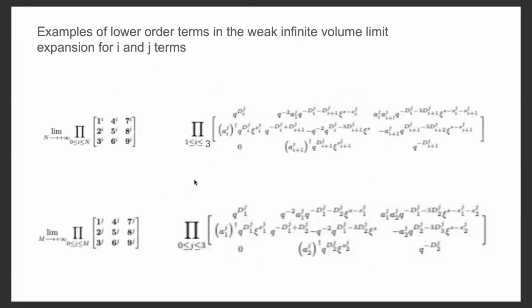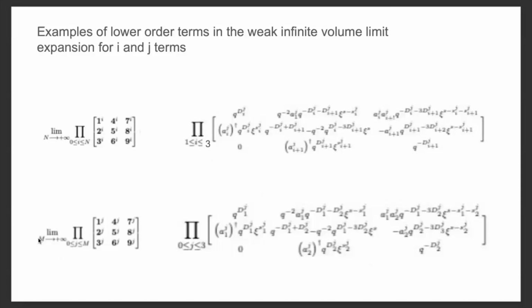And the expression of lower order terms in the weak infinite volume limit expansion for I and J terms is given by the fact that we can take some product from I equal to 1 to 3, or some product from J equal to 1 to 3, and we have to modify different types of terms in the 3 by 3 dimensional representation, such as the q of d sub J sub I term, which appears in the first entry at the top for the limit as big N tends to positive infinity.